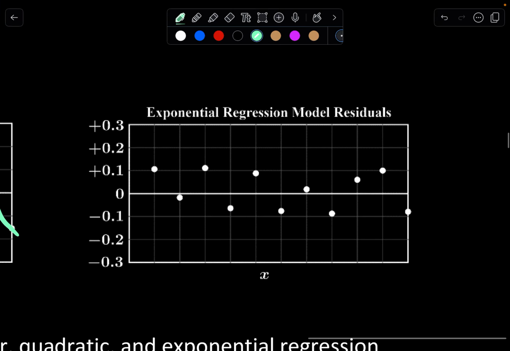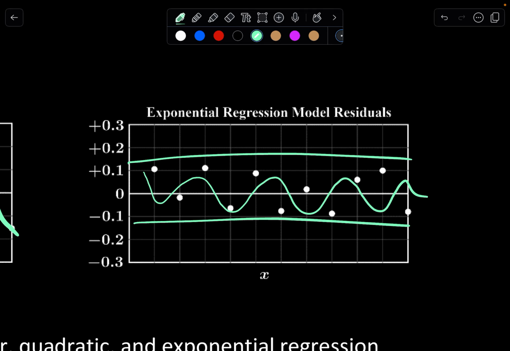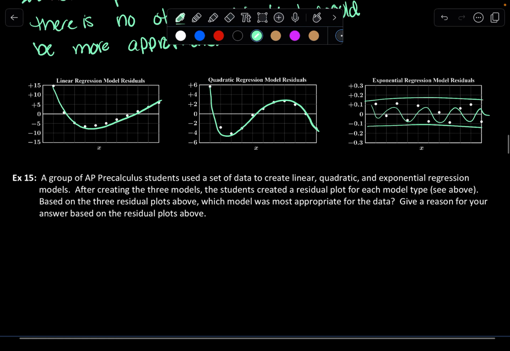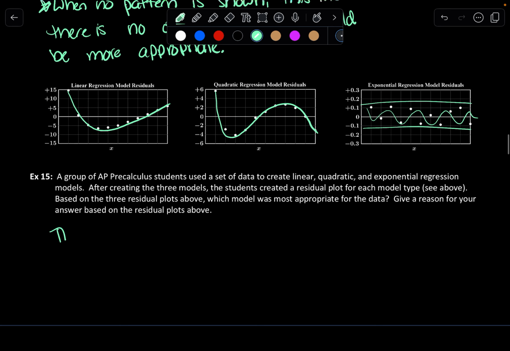But now we see the third choice, exponential regression. There is no pattern, and the data is hovering around our exponential regression model. So the residuals are the least, or they are the closest to our model when the regression model is exponential.